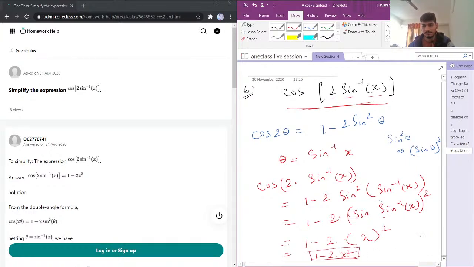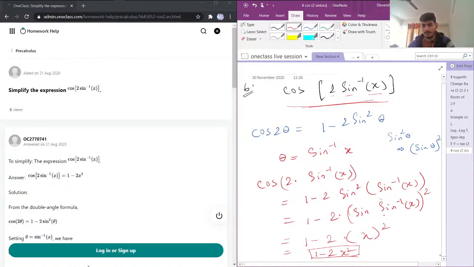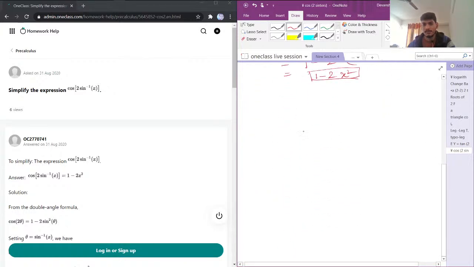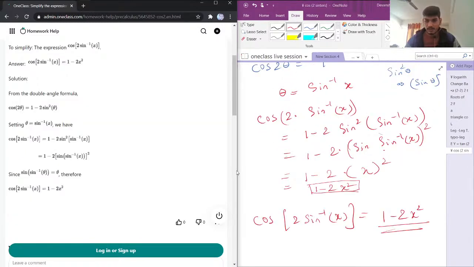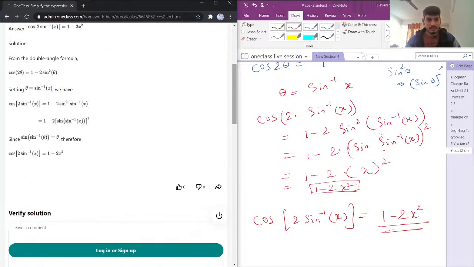So my cosine of 2 times sine inverse of x will be equal to 1 minus 2 times x square.